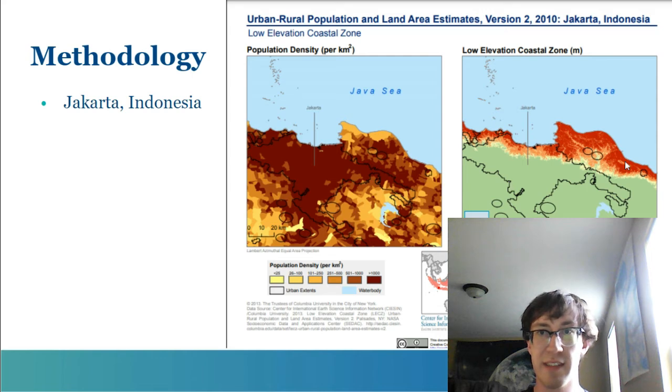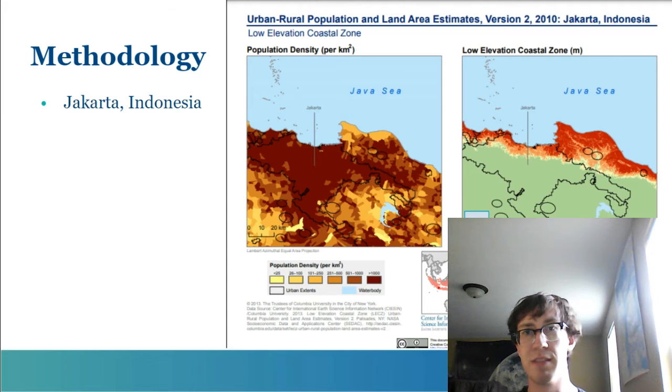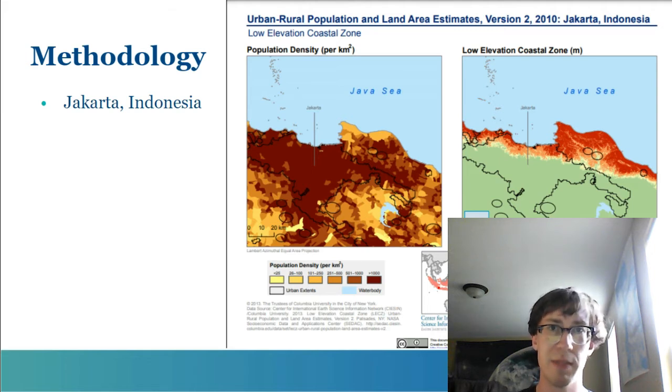And I blocked these in the low elevation coastal zones to try and come up with the area which was going to be affected. From there, I took the area and I just multiplied it by the population density given of these maps. Now, these are just going to be estimates. So for this one, I did it for Jakarta, Indonesia, the largest city in Indonesia, which we'll be able to see in the upcoming slides.